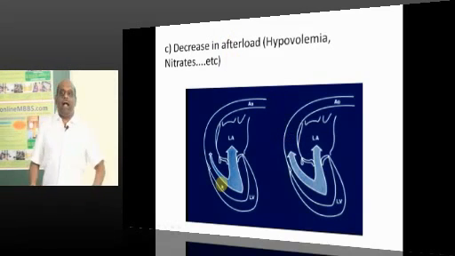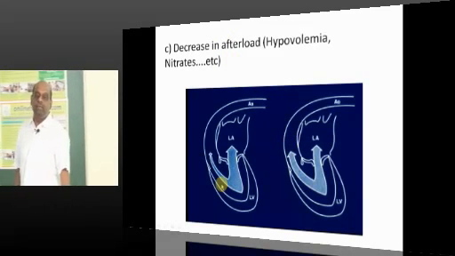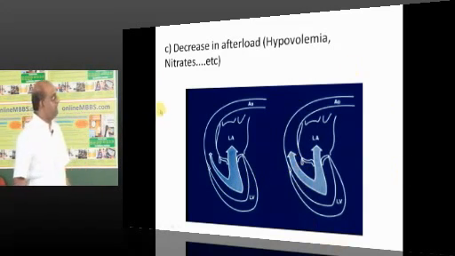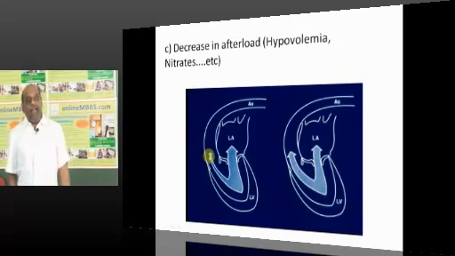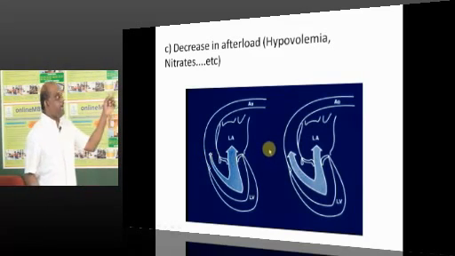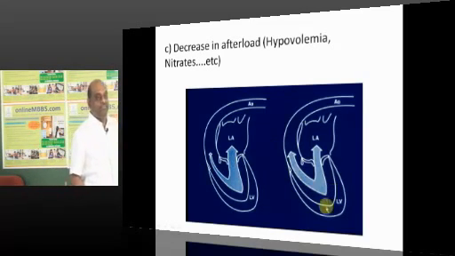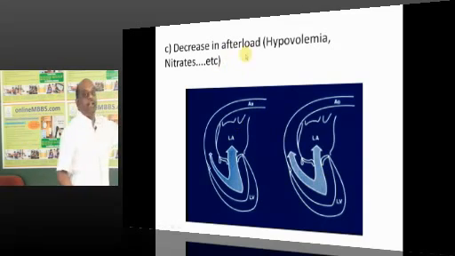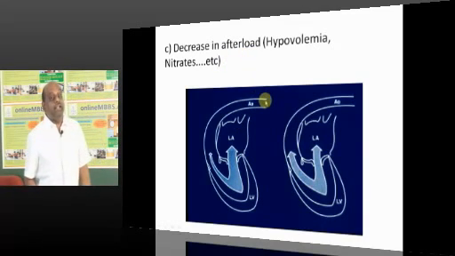What decreases the afterload? Afterload means peripheral vascular resistance. Nitrates, they have a peculiar effect. Nitrates not only decrease the preload, they are also known to decrease the afterload. Is a decrease in afterload good or bad for HOCM?